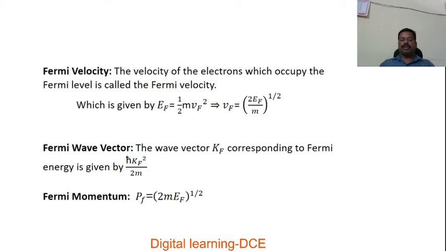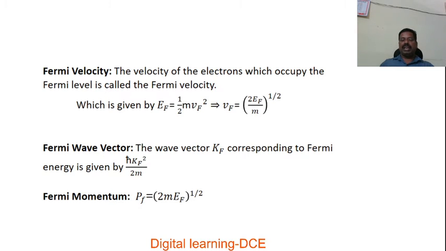Next, Fermi momentum. By using the above expression, that is the Fermi velocity or Fermi energy expression, we are going to deduce an expression for Fermi momentum as pf is equal to (2m Ef) to the power of half. Solving, 2Ef is equal to m vf squared, and multiplying throughout by m, 2m Ef is equal to m squared vf squared.